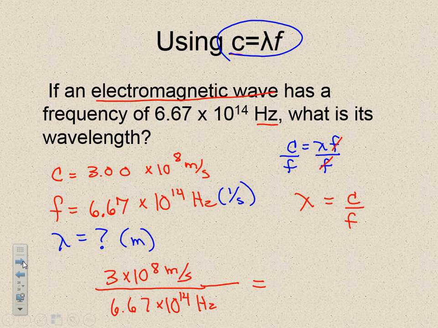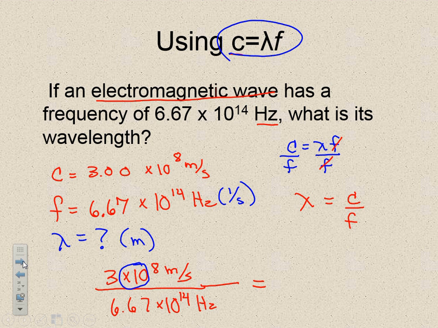So on your calculator, you can practice this tomorrow in class, you're going to use an exponent key. So it usually says EE or EXP. So on my calculator, I type in 3 and then my exponent key. The calculator knows that times 10 is in there, so I'm just going to write 8 divided by 6.67 exponent 14.